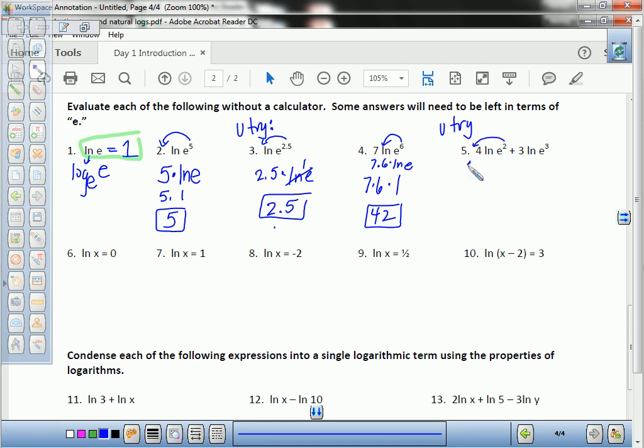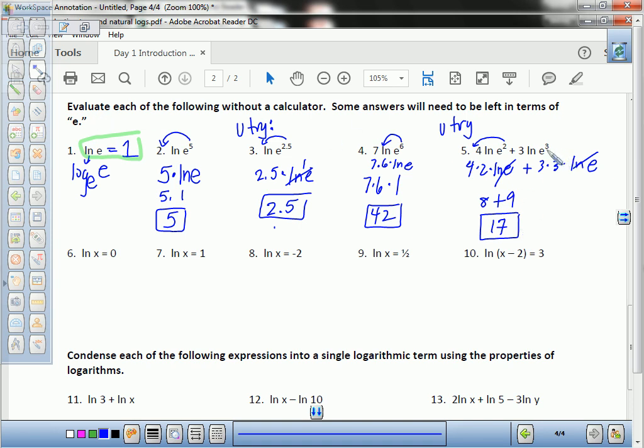So this becomes 4 times 2 times ln of e, plus 3 times ln of e. So the natural log of e is just 1. So we get 8 plus 9 is 17. Very cool.